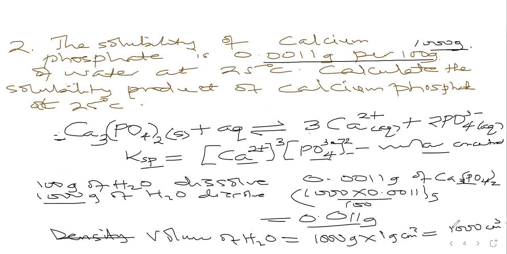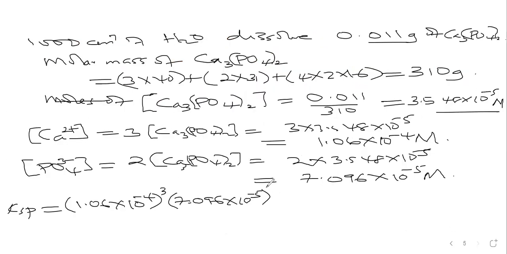I think this one is squared, right? Yes, teacher. When you compute that, it will give you 5.977 exponent negative 21.